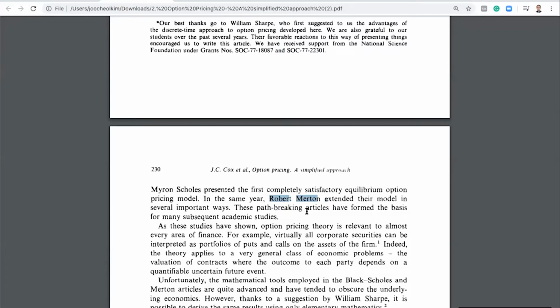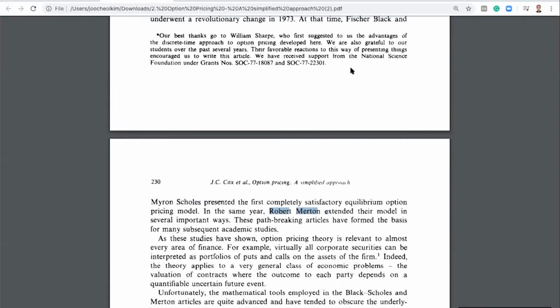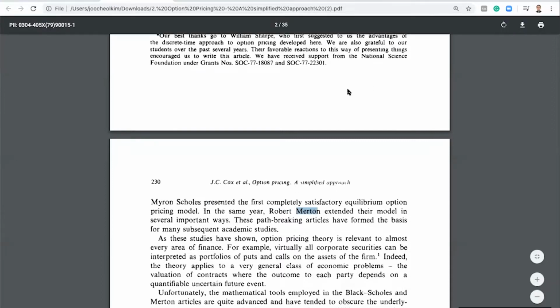For some reason, Black and Scholes wrote a paper together, and Merton wrote a separate paper. Later, only two of the three, Scholes and Merton, got the Nobel Prize, and Black did not get it because he died before the Nobel Prize.